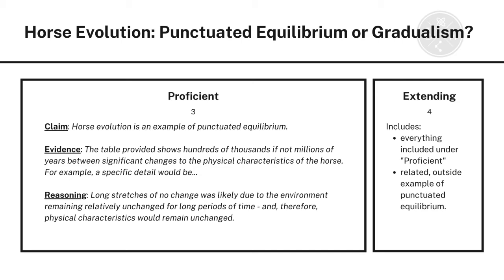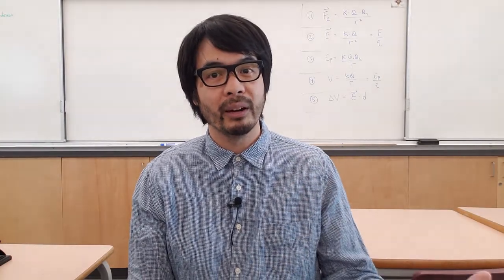Now, an extending CER statement would include everything I just mentioned, but would also compare horse evolution to other cases of punctuated equilibrium.